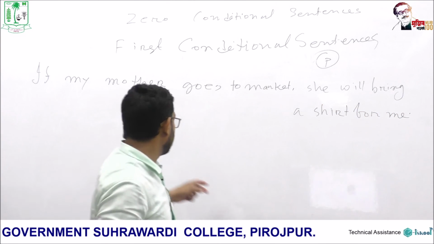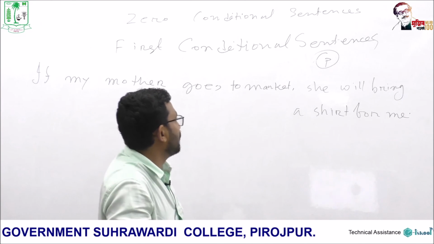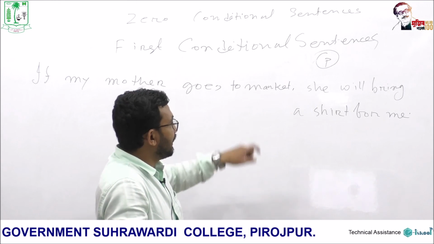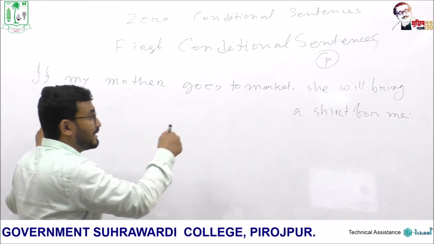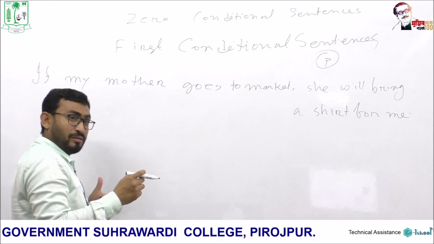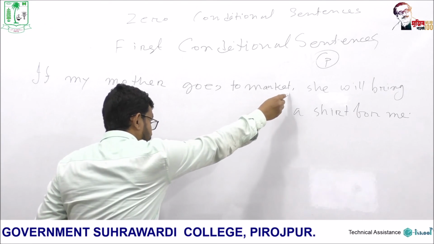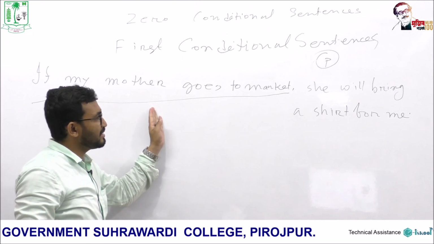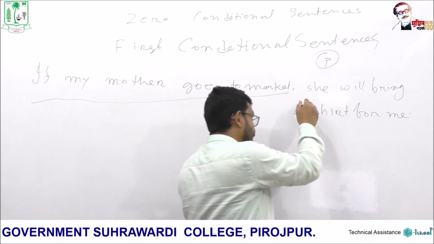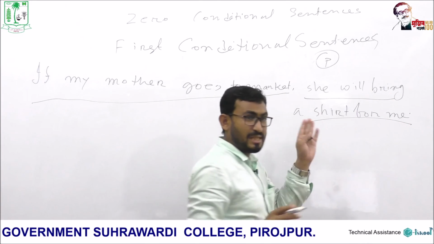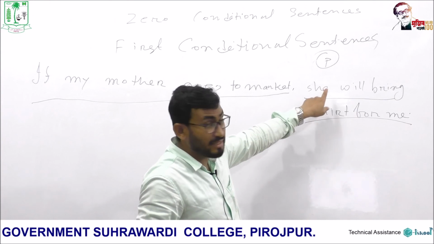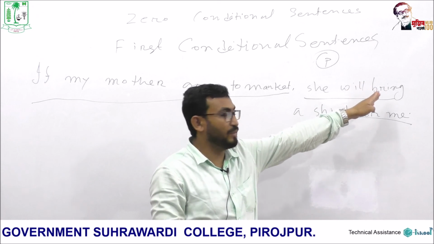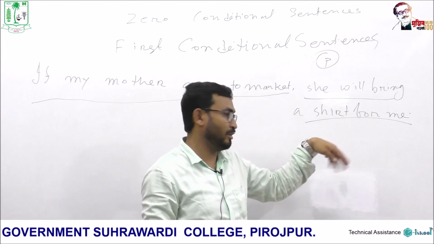Okay. Look at this sentence. If my mother goes to market, she will bring a shirt for me. Here, the incomplete sentence has been completed. How? Because look at this. The subordinate clause, the if clause, has been written in present tense, and in the next clause, that is, the principal clause has been written maintaining the structure subject plus will, then the main verb, then other, that is the object.